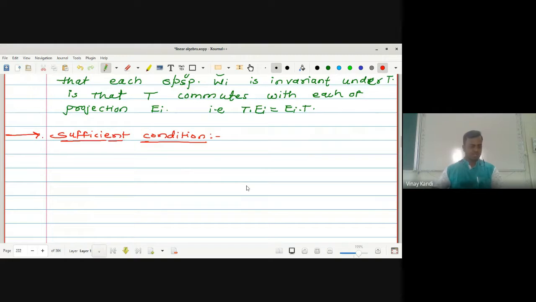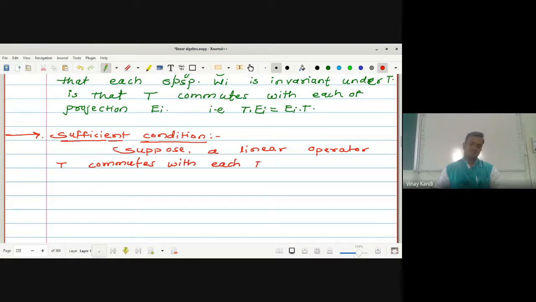So here, for the sufficient part, assume. Suppose the linear operator T commutes with each Ei. Okay, that means T into Ei is equal to Ei into T, for all i running from 1, 2 up to k.